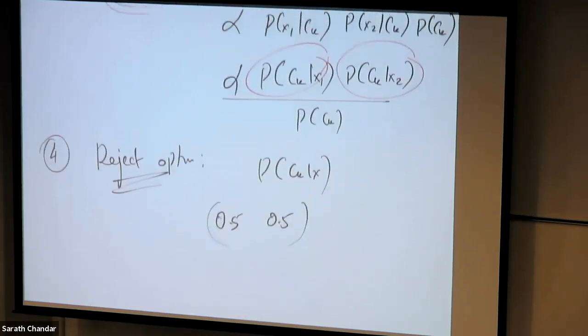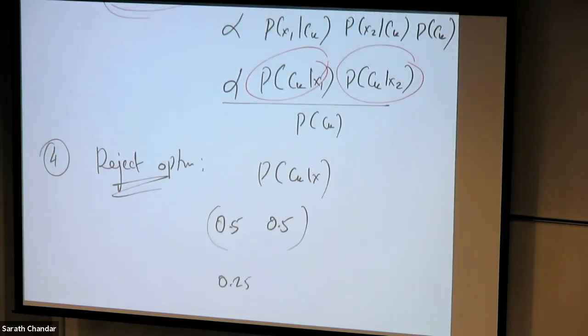Similarly, if you have a four-class problem and your classifier says 0.25, 0.25, 0.25, 0.25, okay, this is an idealized number, it's not going to be exactly 0.25, but something close to 0.25, right? Then it basically means that my classifier is not confident about one particular class.